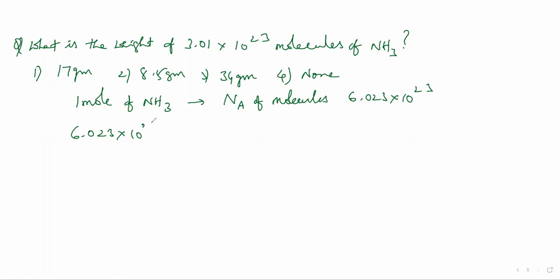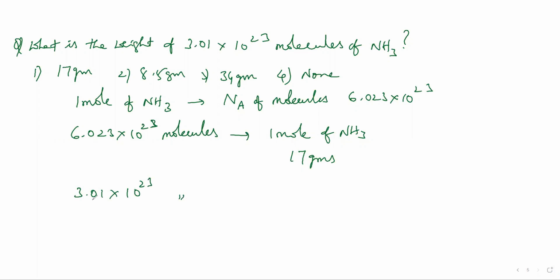What is the molar mass of ammonia? 17 grams. So these many molecules weigh 17 grams, then 3.01 into 10 power 23 molecules is exactly half. That means 17 by 2, 8.5 grams. Where is this? Here.